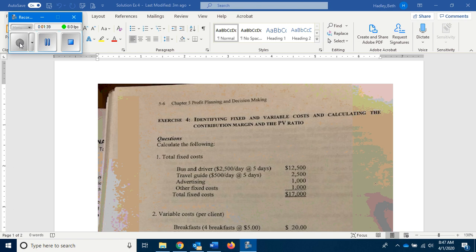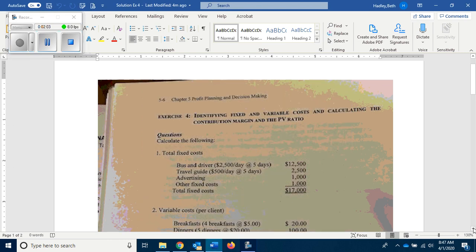Hotel room, client-based, so that's variable. Events and attractions, again client-based, so that's variable. Other fixed costs, that's $1,000 to add to the fixed cost to give you total fixed costs for this 5-day trip of $17,000.